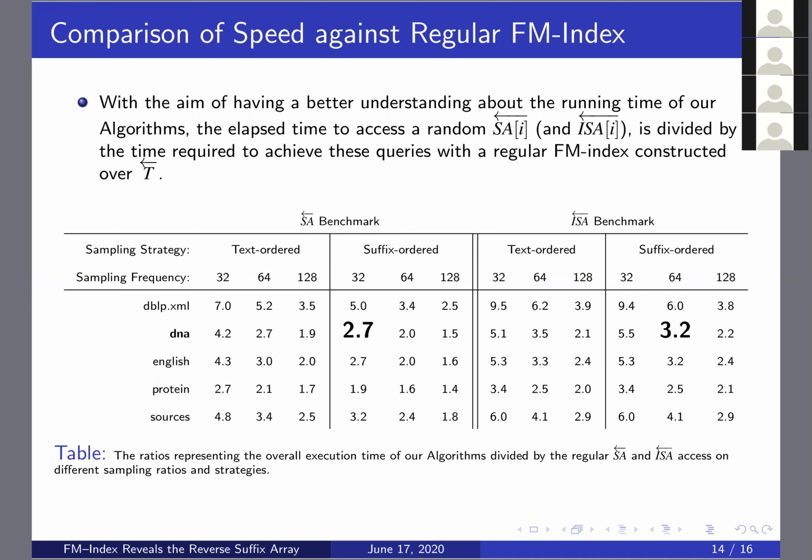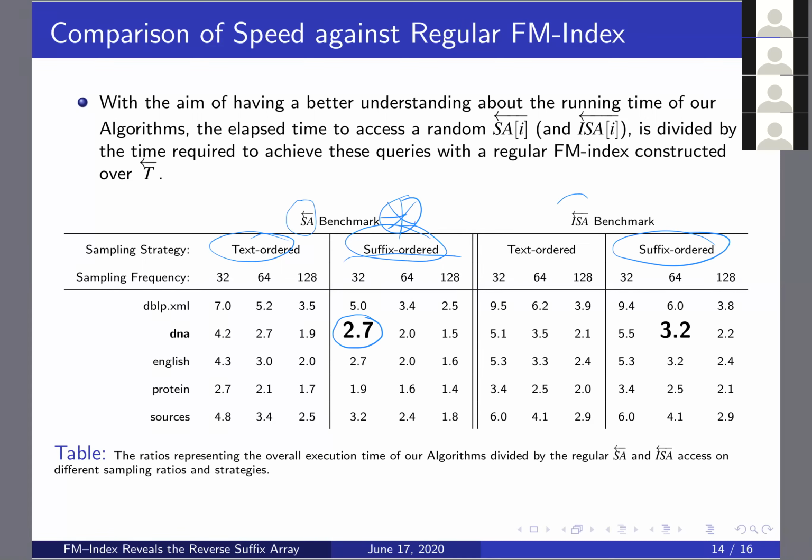We mostly consider the DNA sequences, and the sampling of the suffix arrays has two phases, suffix order and text order. The suffix order is mostly used in practice, so let's focus on that case. In the suffix ordered case, the proposed method is 2.7 times slower than the regular FM index for the reverse suffix array.